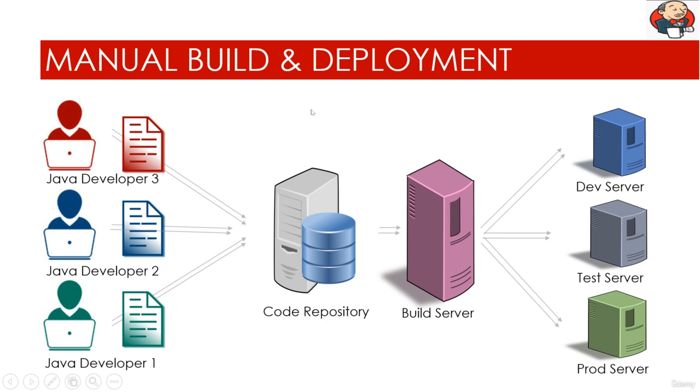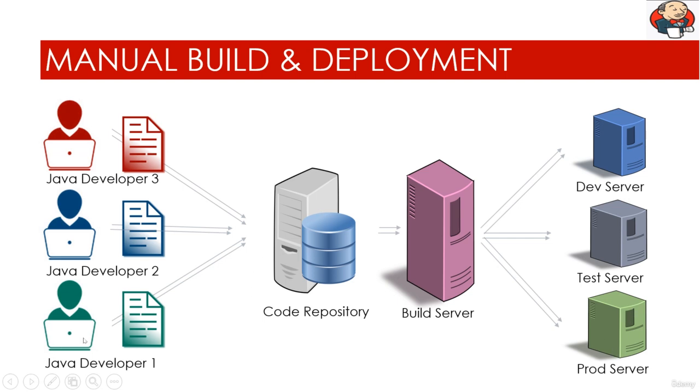What happens next day, or on the same day, someone is doing a manual deployment, making a build on the build server manually, and then deploying to dev, test and prod. In that case, there is a maximum possibility that we come to know about the issue a bit later, which will cause a delay in the actual deliverable in production, because we are not doing it in real time.